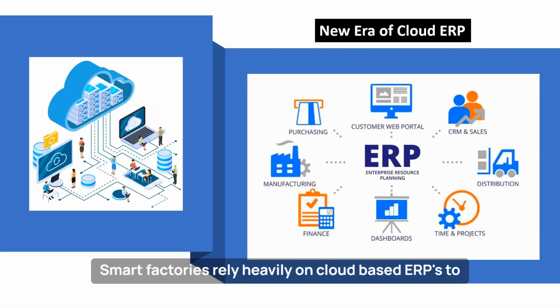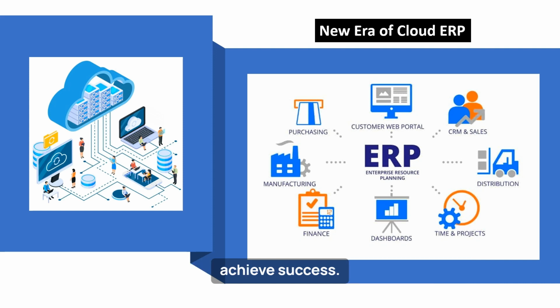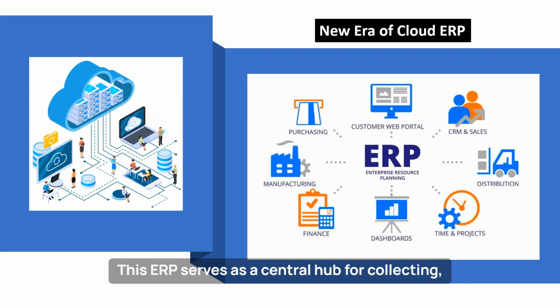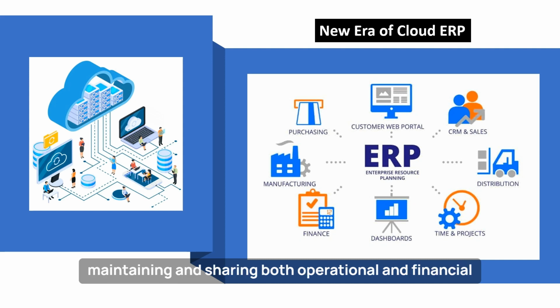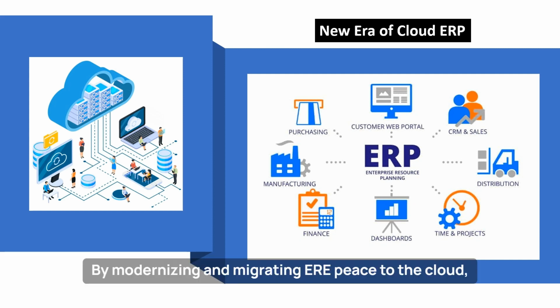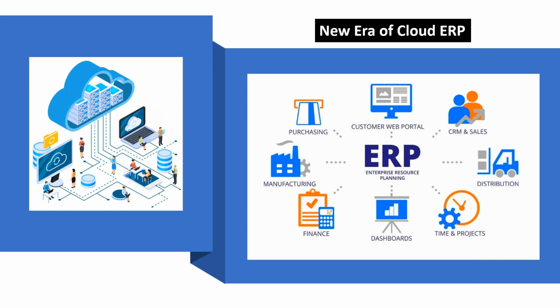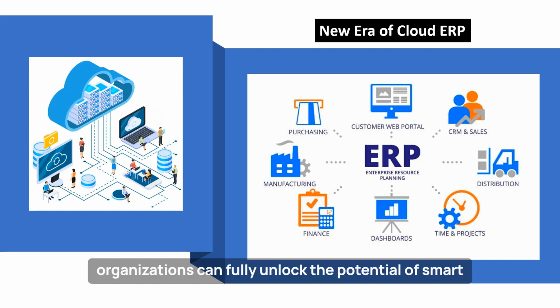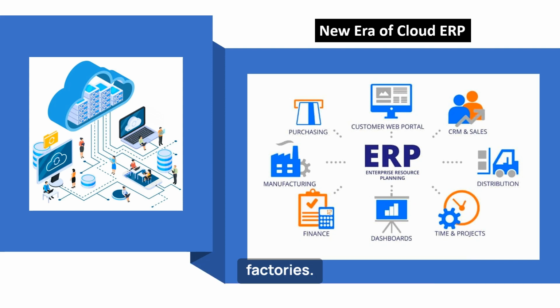Smart factories rely heavily on cloud-based ERPs to achieve success. This ERP serves as a central hub for collecting, maintaining, and sharing both operational and financial data. By modernizing and migrating ERPs to the cloud, organizations can fully unlock the potential of smart factories.